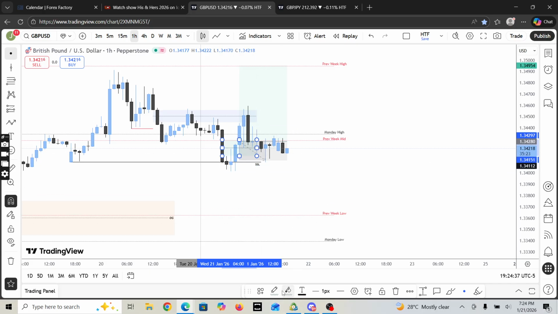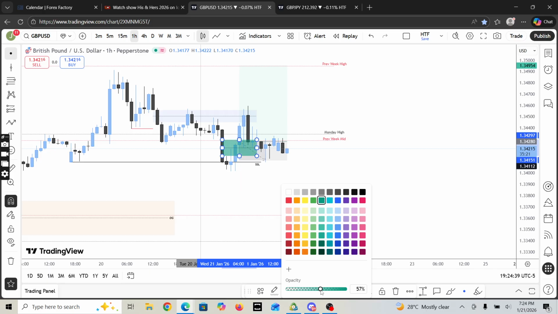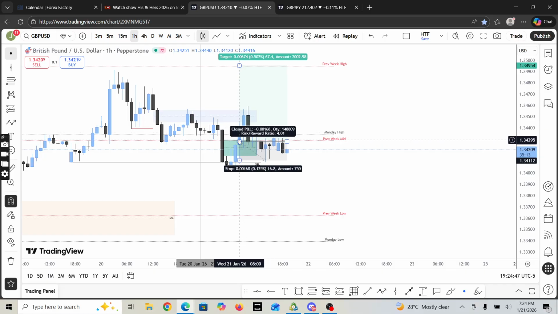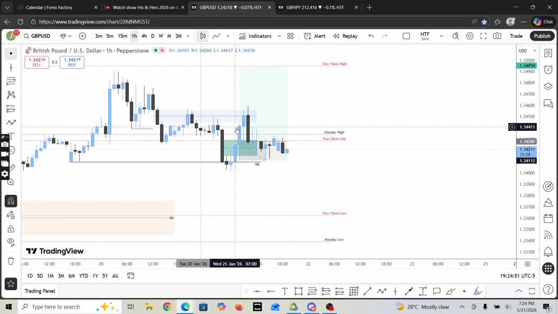So price took out the previous day's low and then came back to close above the inefficiency level on the H1, but it was still being resisted.